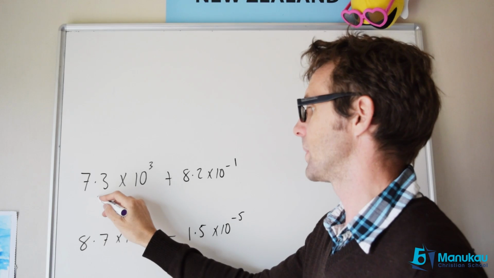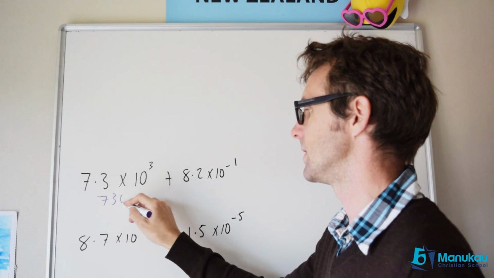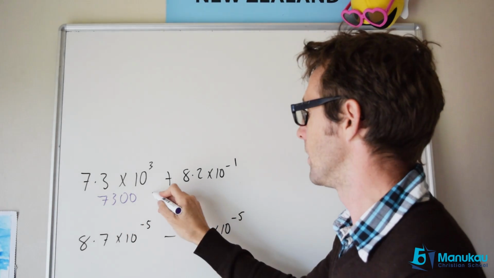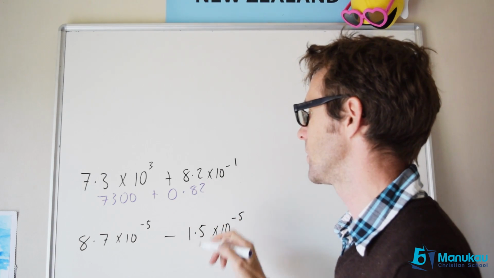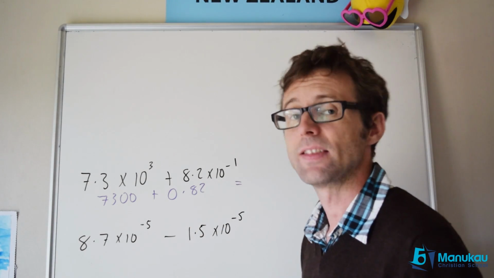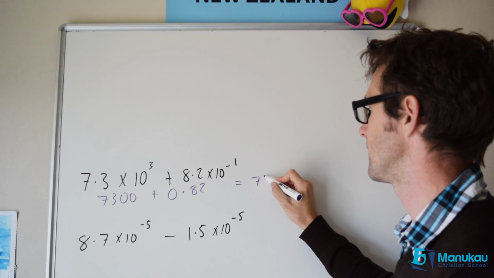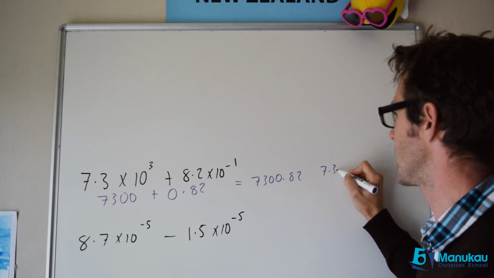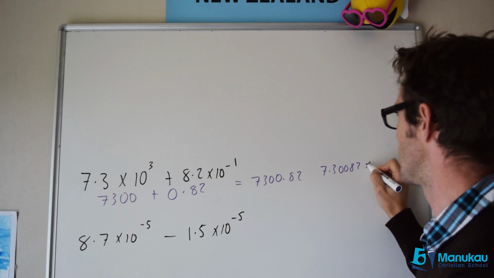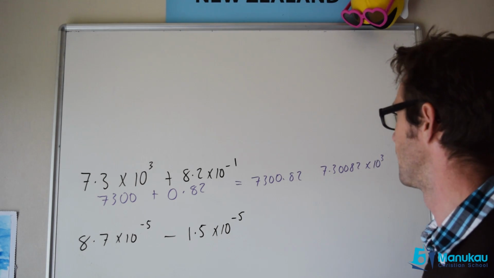So this is simply 7300 plus 0.82, and then we can add them together. So it's simply going to be 7300.82, or 7.30082 times 10 to the power of 3.